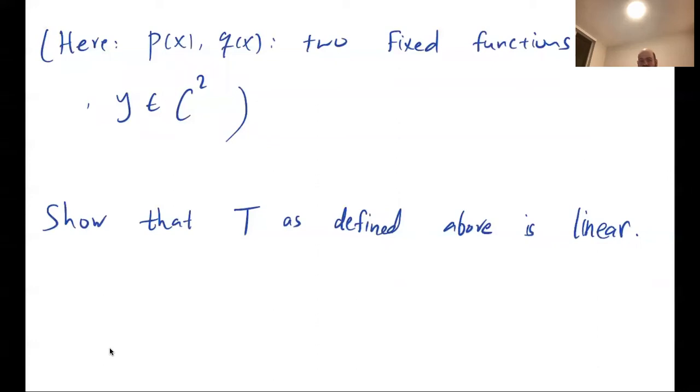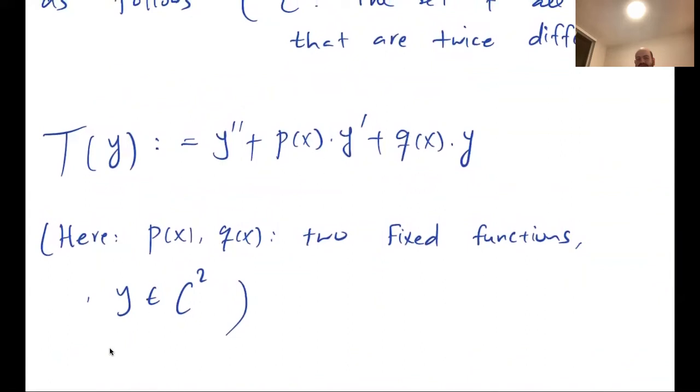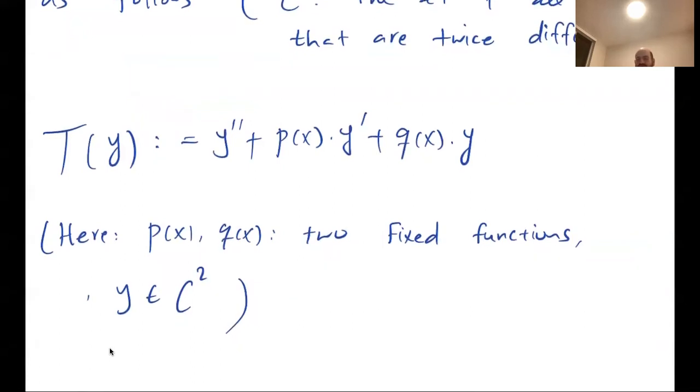So you want to show that T is linear, which means that you have to verify the two conditions we mentioned previously. T of C y, you have to show that it's the same as C times T of y. And T of y1 plus y2 is T of y1 plus T of y2. So these are the two conditions that you have to check for an arbitrary constant and arbitrary function for the first property, and for two arbitrary functions for the second property.